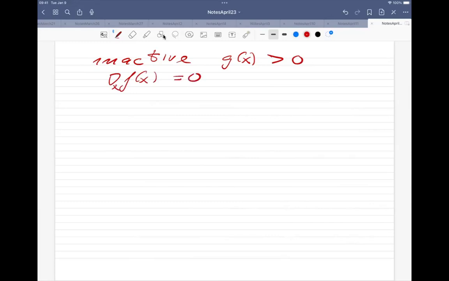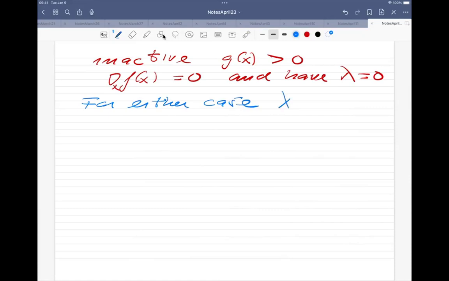And we can then have lambda equal to 0. So for either case, however, what we have is that lambda times g of x is equal to 0. When it's active, then g of x is equal to 0 and lambda is different from 0. And when it's inactive, then g of x is larger than 0 and lambda is equal to 0.